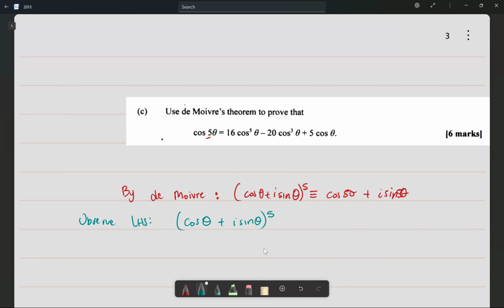Now, if you remember expansion, the answer for this will become the sum of r equal 0 to 5 of 5 choose r cosine theta to the power of 5 minus r, I sine theta to the power of r. It doesn't matter much, but 5 minus r, and this is r.